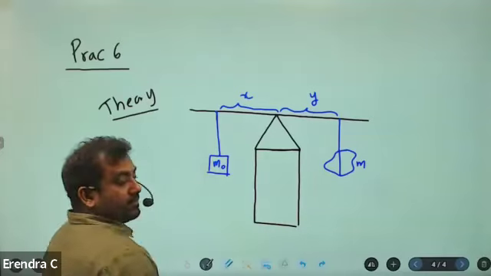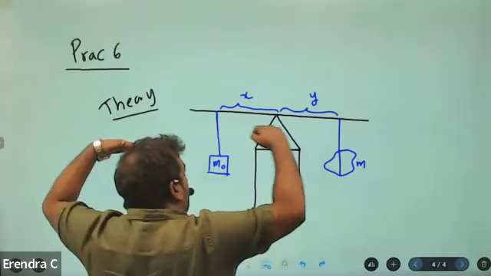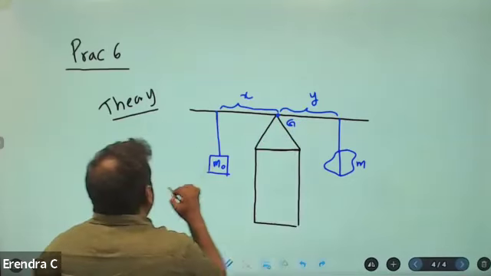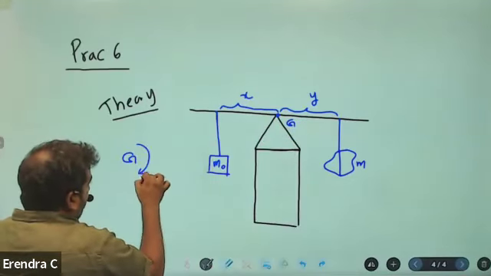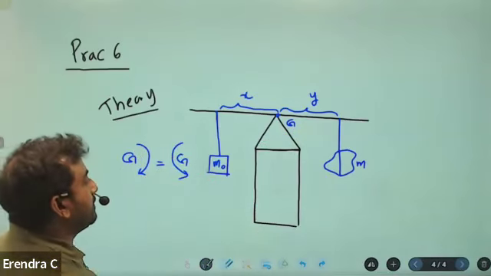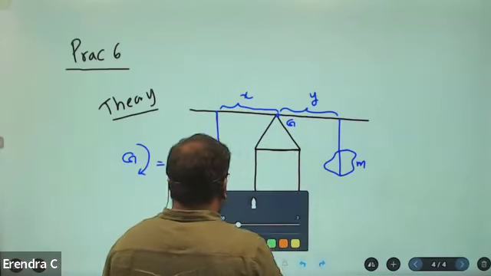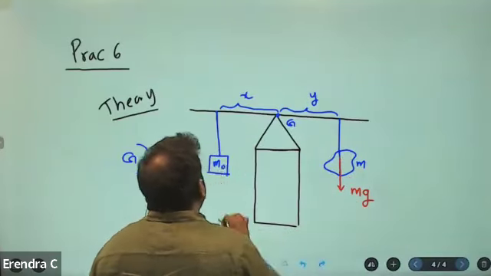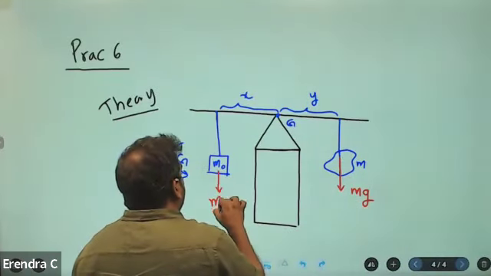Y. If the ruler is balanced, what can you say? If the ruler is balanced, you can say clockwise moments equal what? Anticlockwise moments. Now here, this part here we say M. This part here we can say M naught g is there.